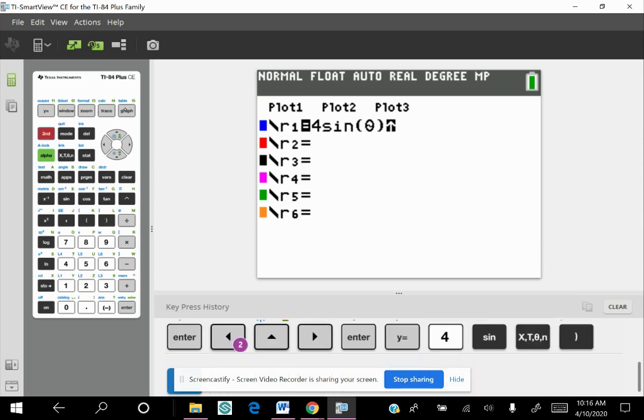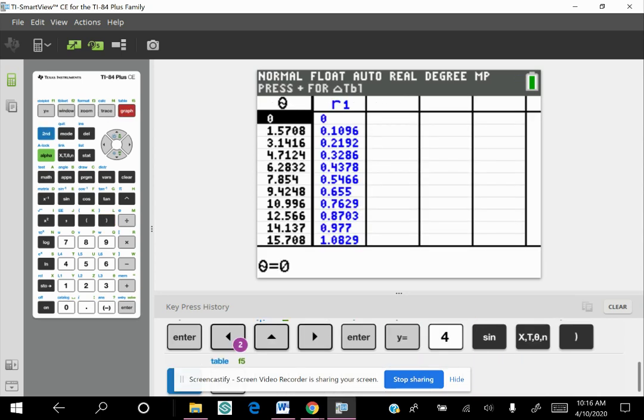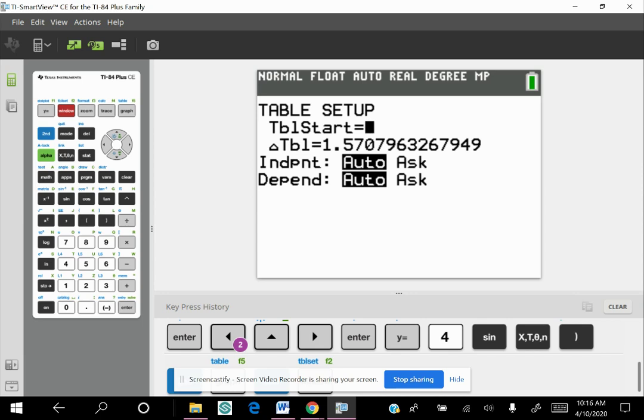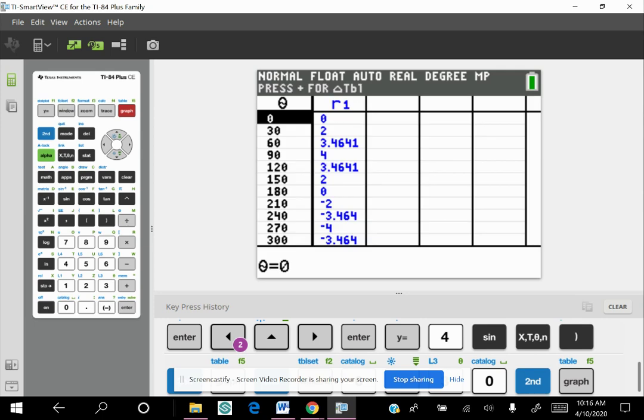And go to your table. Oh, I didn't switch my table start. So now I'm going to start at 0. And my change in table, I don't want pi over 2, I want 30. So now I can go back to my table.